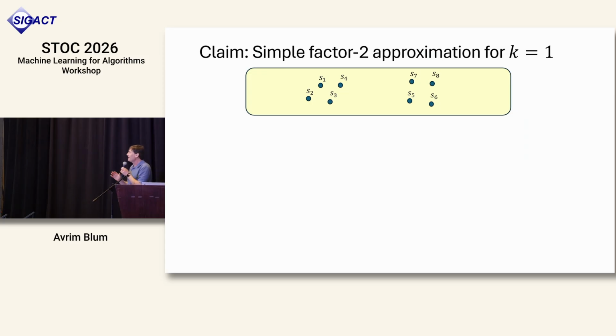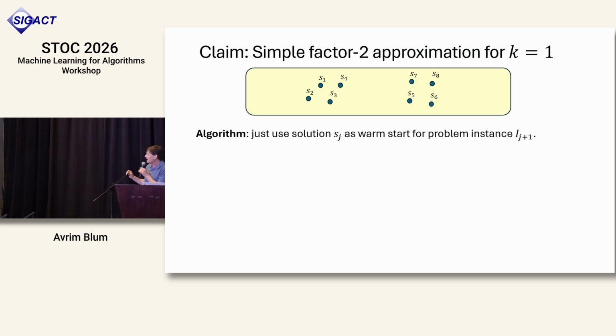So first claim: there is a very simple factor of 2 approximation for the case k equals 1. The algorithm is just to use the solution Sj to the problem you solved yesterday as the warm start for the problem instance ij plus 1 that you're solving today.